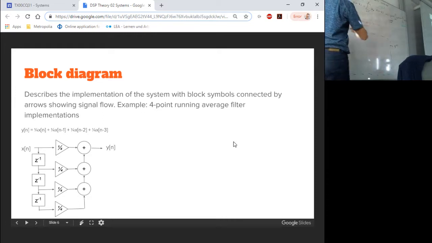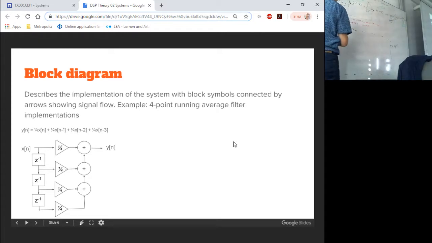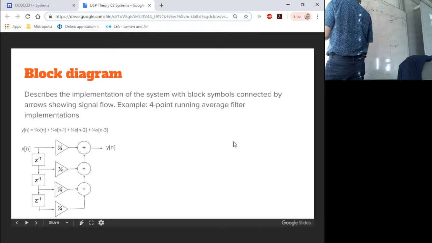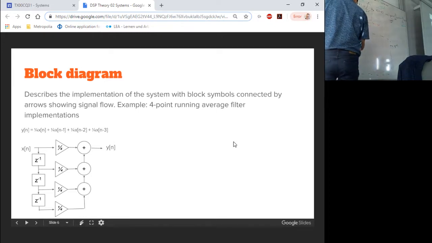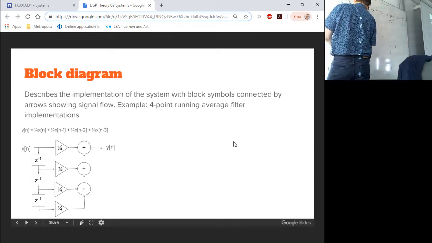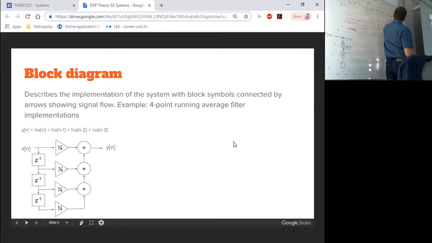So basically, I can arrange this one in the way that first, let's see, since here we have x of n already, we can make a delay chain here, 1 time step delays, as many as needed here. So in this step we have x of n, this is x of n minus 1, and so on.